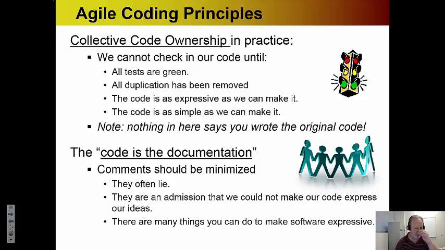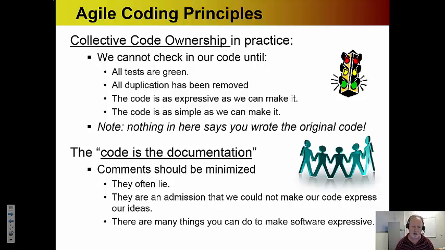So if there is a bad piece of code, and by bad I mean, well, some of it's talked about here. All our unit tests are green. All duplication in the code has been removed, cut and paste. The code is expressive. The code is simple. Anything that you consider with respect to internal code quality. In other words, the code is how we want it to be.